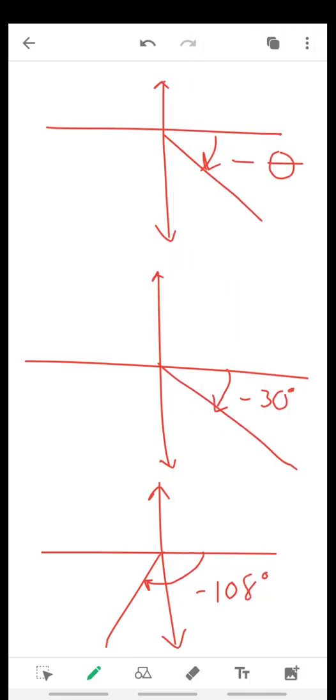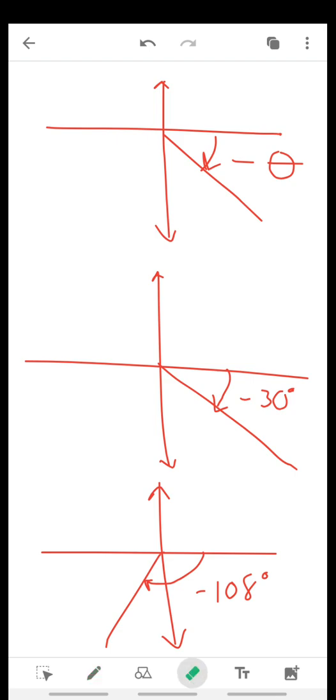Okay. However, when we measure our angles clockwise, look at the direction of the arrow for the first diagram. It's clockwise. Therefore, the angle will be negative theta. This is also true if now I give you numerical values for angles. A clockwise movement will give us a negative angle. In this case, we have negative degrees, and the last one we have negative 100, and that cannot be 108.